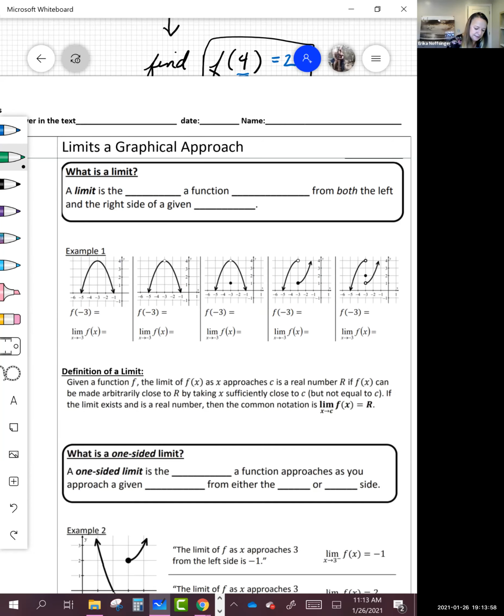Okay, so what is a limit? So a limit is the y value of a function that approaches from both the left and the right side of a given x value.